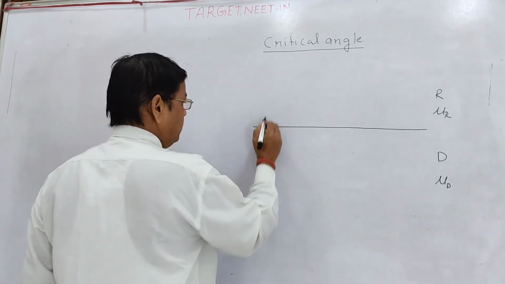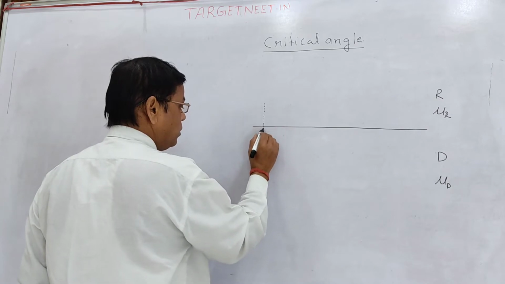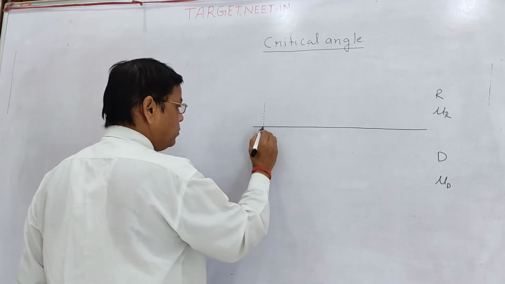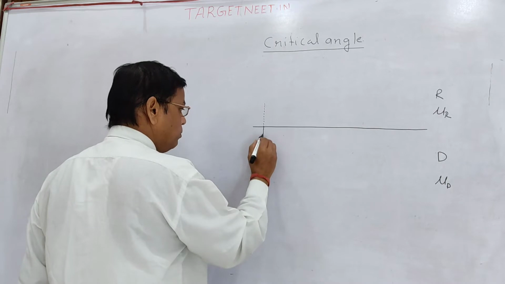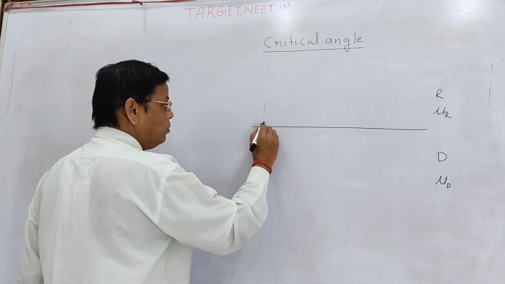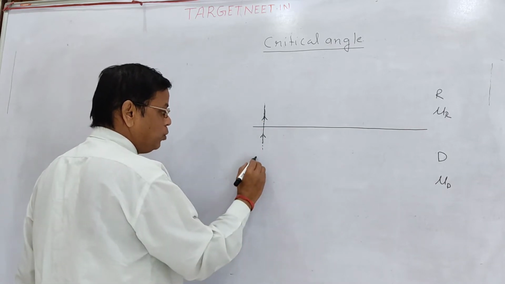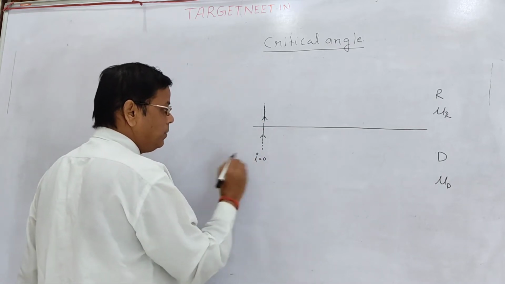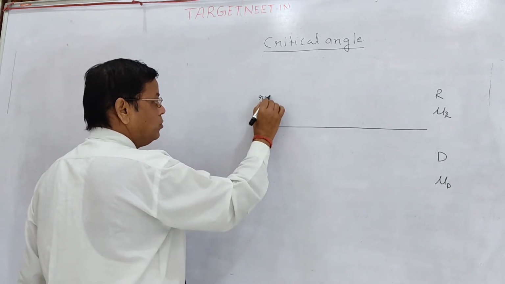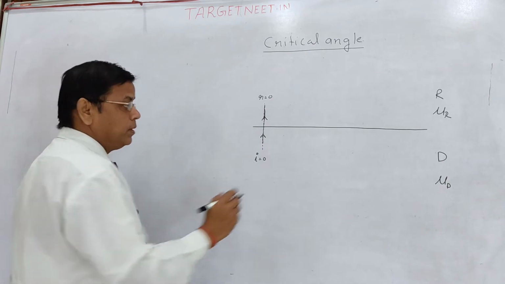If I incident a light here along normal, it will go without any deviation from its path. So the angle of incidence is 0 degree, the angle of refraction is also 0 degree. So here there is no deviation.